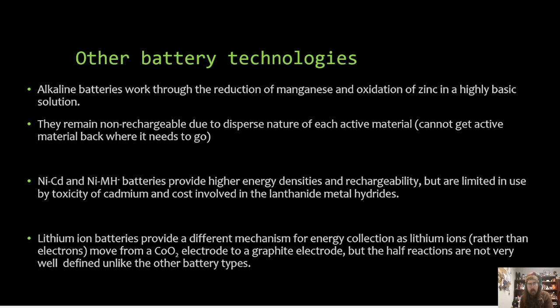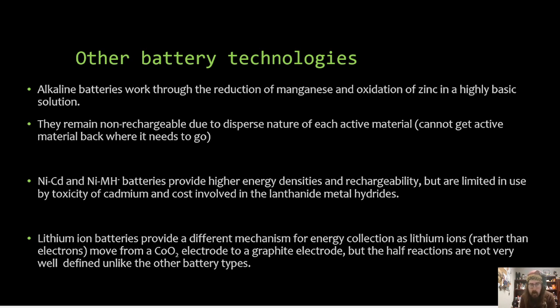Now, lithium ion, I'm not sure if this is still true, but when I originally wrote this, lithium ion batteries work in a different mechanism that's a little bit harder to understand. In the other batteries, the electrons are transferred. In these batteries, instead, we have lithium ions that are kind of ping-pong balling from one side of the electrodes to the other.